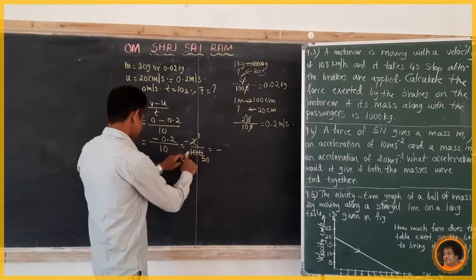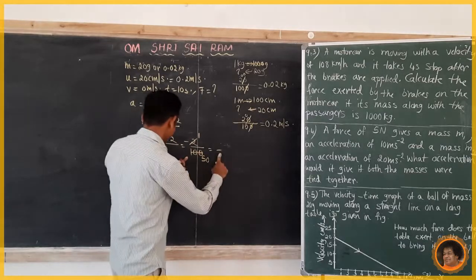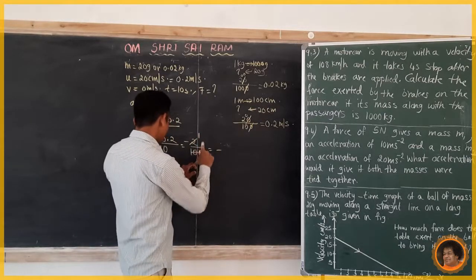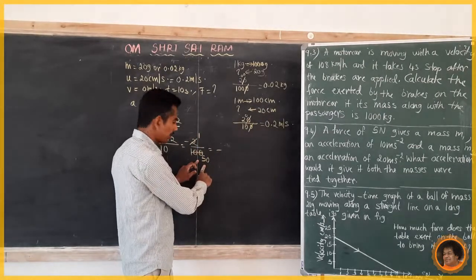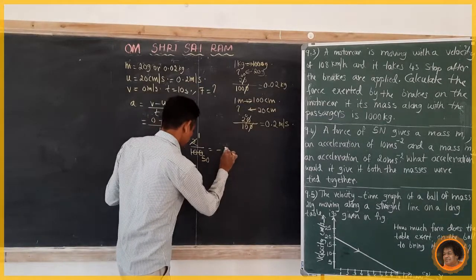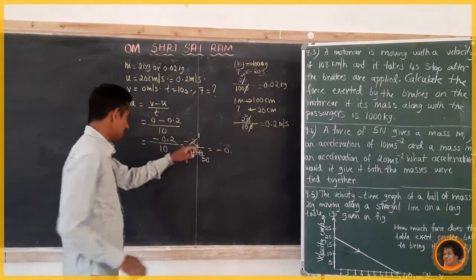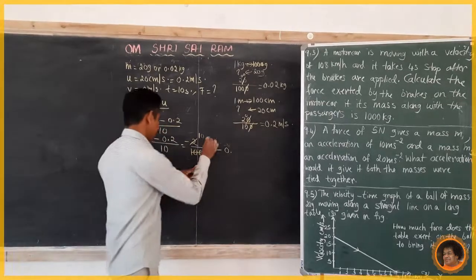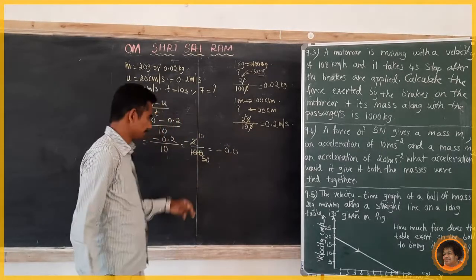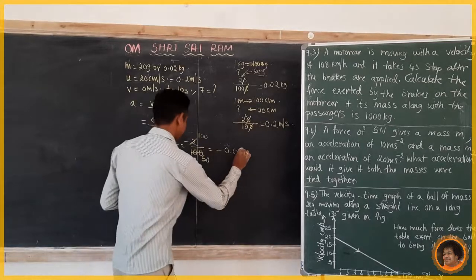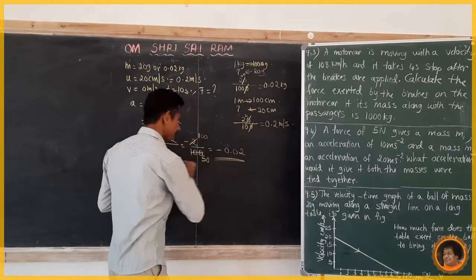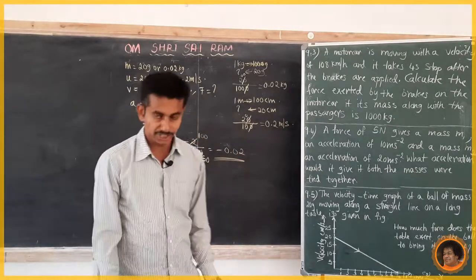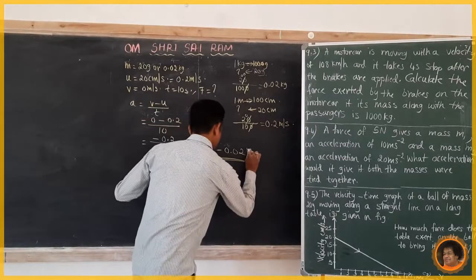Minus, because minus divided by plus is minus. Can 50 divide 1? No. So point, then it becomes 10. Another 0, and it becomes 100. 50 twos are 100. So 0.02 meter per second square.